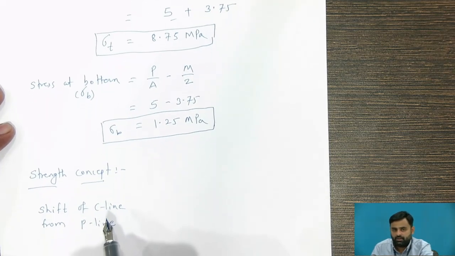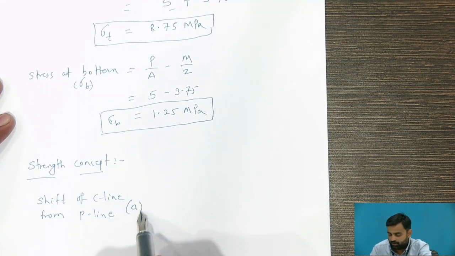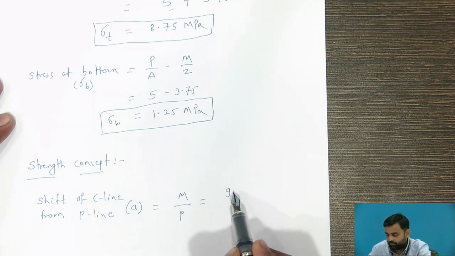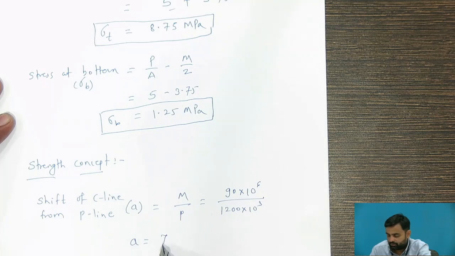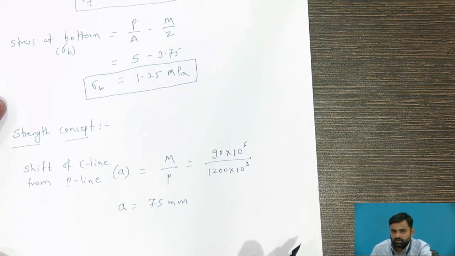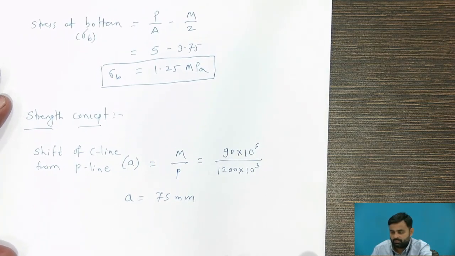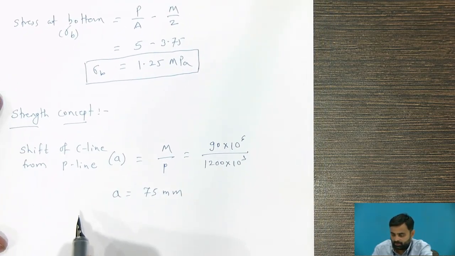The shift of C line from P line is denoted by letter A. It is calculated as M upon P, which is equal to 90 into 10 raised to 6, that is the moment, divided by P, 1200 into 10 raised to 3, and this A works out to be 75 mm.